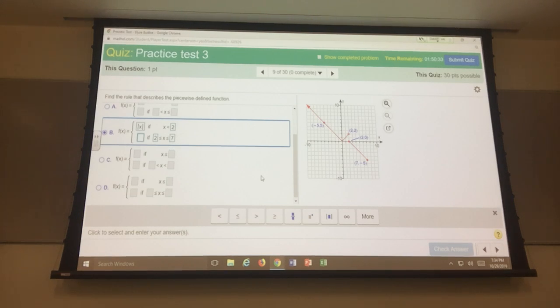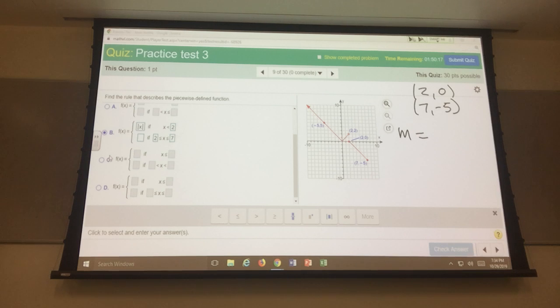Find the slope. Okay, so let's do that. How do we do that? Use the 2 points. So we have 2, 0, and 7, negative 5. Negative 5 minus 0 over 7 minus 2.